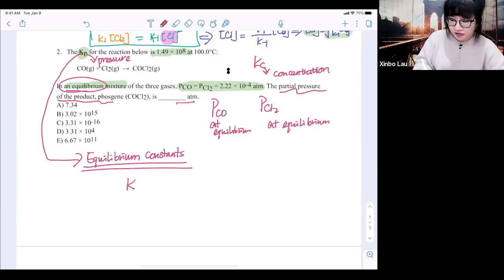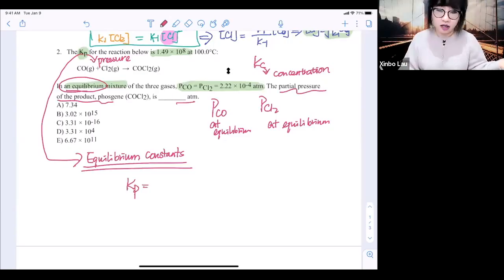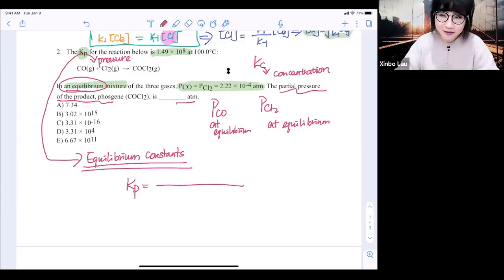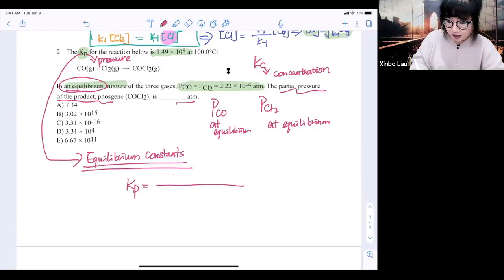Then, as always, the thought process will be, if we're talking about Kp, let's express it. So how do we express the equilibrium constant in terms of pressure? Now is the time to use products over reactants. Products will be COCl2, I'm sorry, not concentration, we're doing pressure.